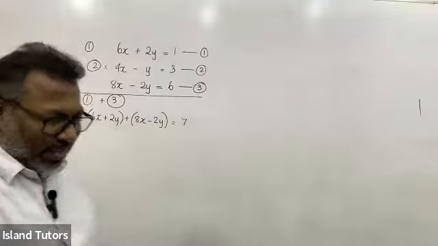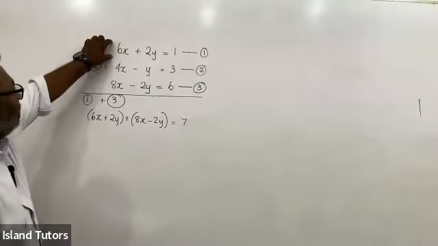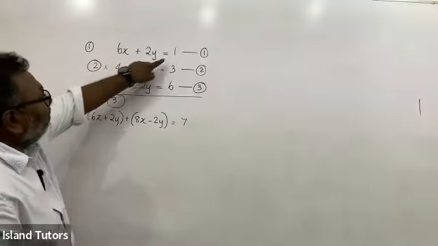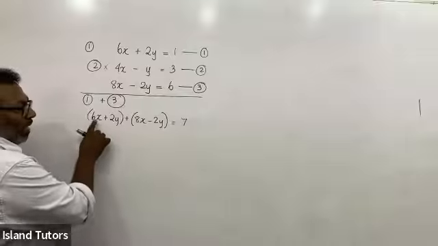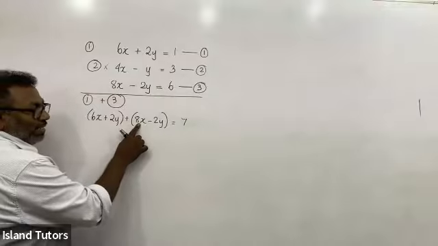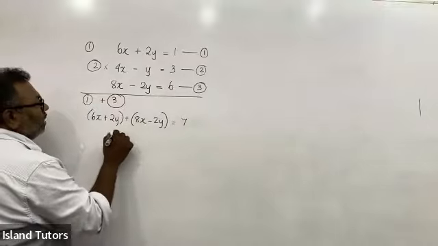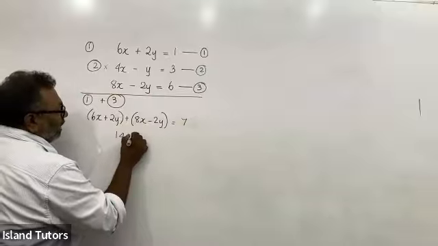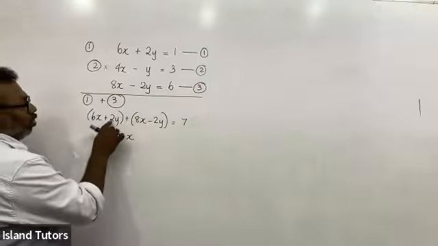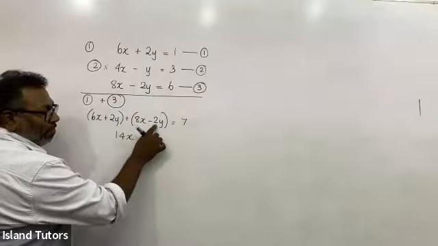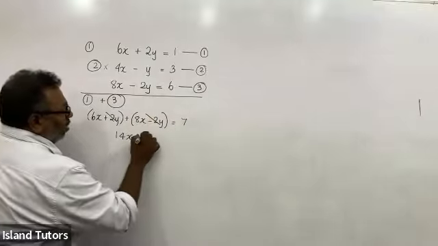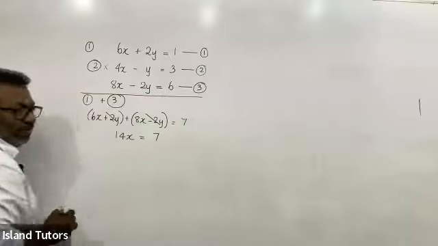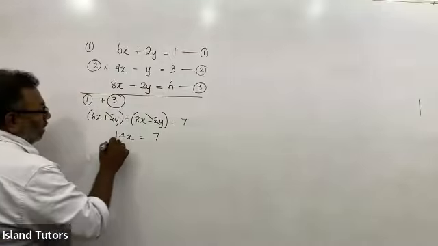Okay? Easy. Now you simplify. 6x plus 8x will give you 14x. 2y plus minus 2y, these two will cancel. You're left with 7.